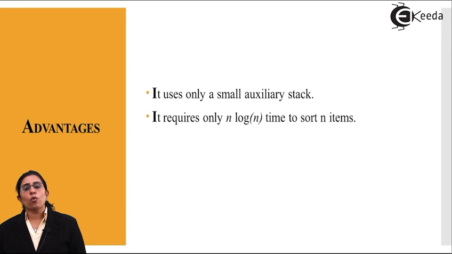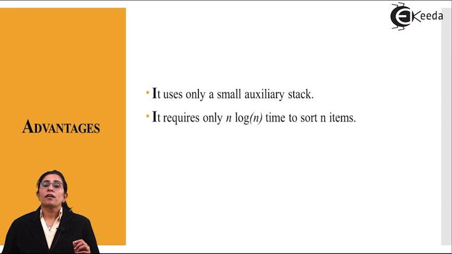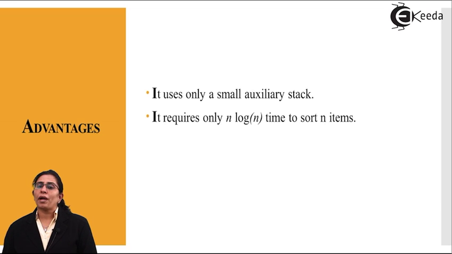It requires only n log n time to sort n elements, since we don't have to compare continuous memory locations, that is, all the elements in the list need not be compared.